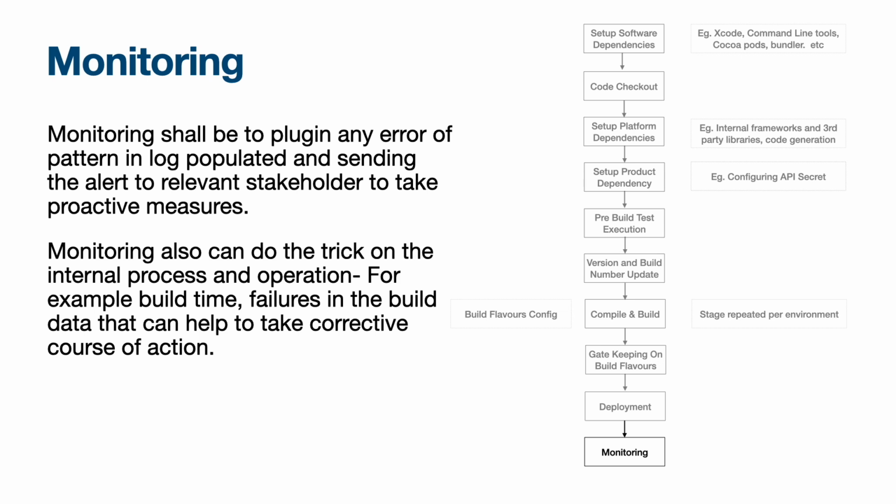Starting from setting up of software dependency, code checkout, setting up of platform dependency and project dependency, running tests, updating the necessary versions and build, and creating the artifact and deploying it to the store was the crux. The post-production activity, which is monitoring, and the pre-pipeline activity, which is the gatekeeping mechanism of Git hooks, are the potential areas where we could automate.